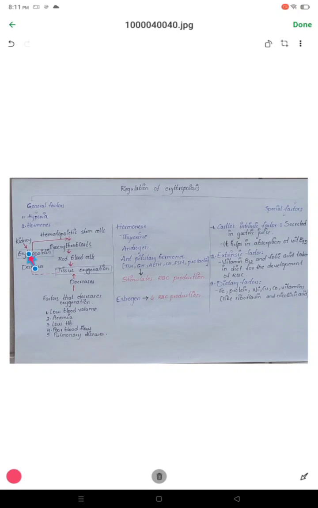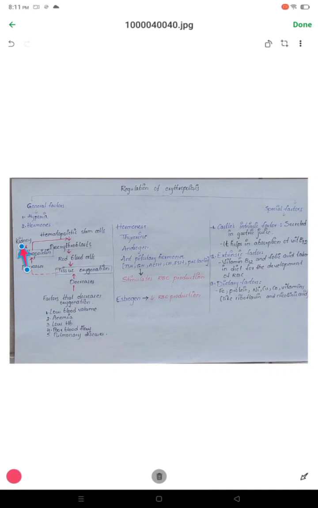And most of this erythropoietin is released by the kidney, about 85%. Remaining 15% is produced by the liver and macrophage tissue cells. And this erythropoietin is mainly produced in the kidney by the JG cells, and this erythropoietin released goes to the hemopoietic stem cells in the bone marrow to release proerythroblast cells.